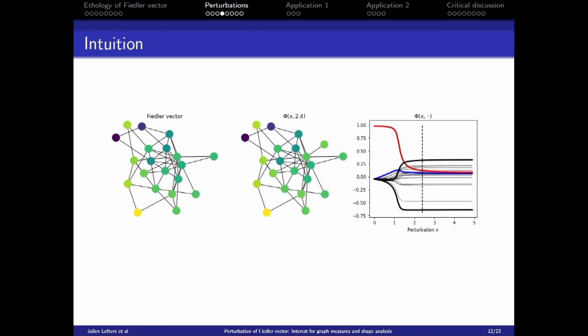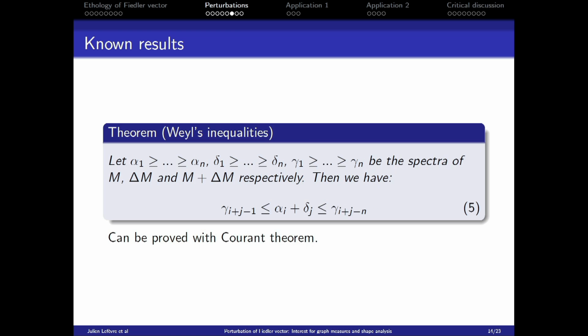So there is really a change in the behavior of the Fiedler vector, and this is something we can formalize with a proposition that I will explain here. The idea is that it's possible to find a maximal perturbation where the maximum of the Fiedler vector of the perturbed graph is located on the new vertex. So this is formalized here.